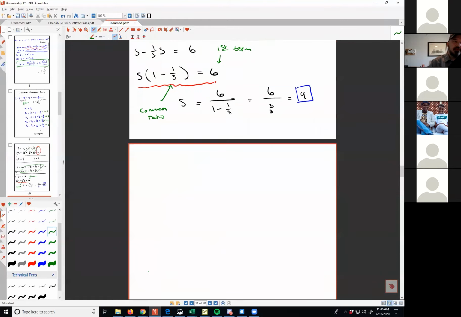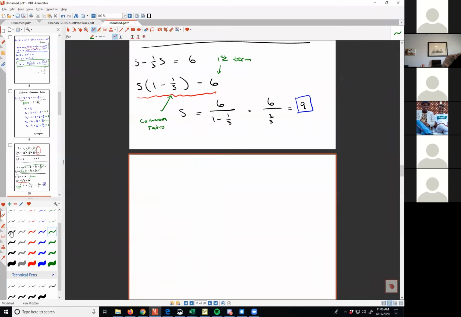Well, let's do this from the beginning. And we will let A be the first term and R be the common ratio.